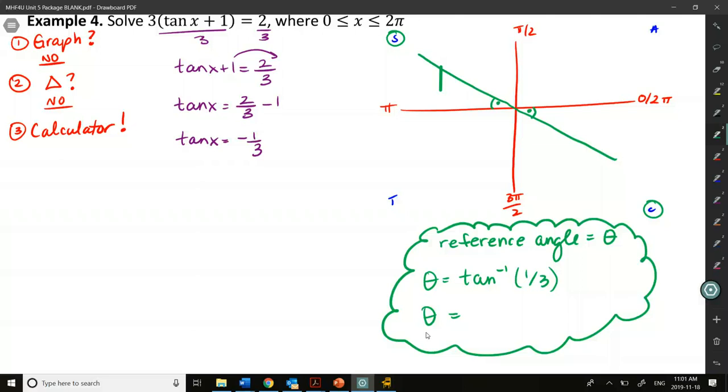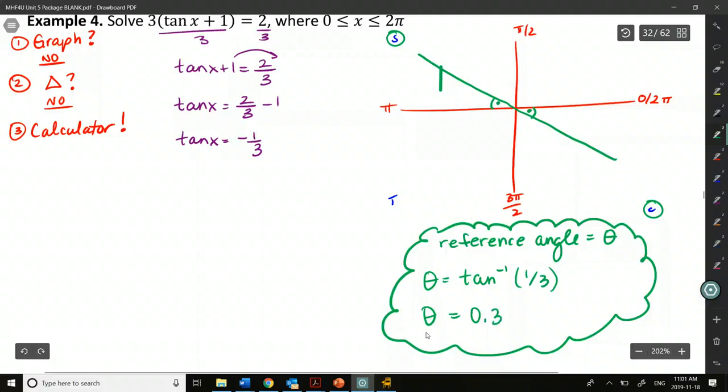And what do we get? Alex? 0.322, 3 decimals? Okay. So did everyone else get the same thing? Okay, so that's the little space in between here.